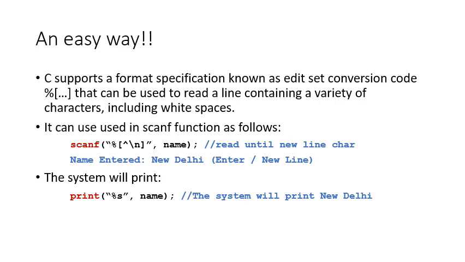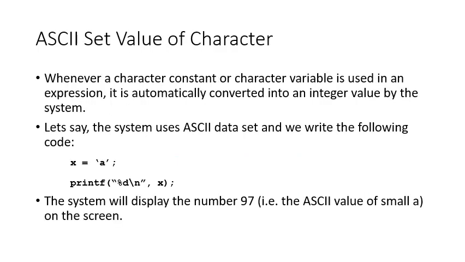The next thing is something called the ASCII set, the numeric value for a character. Whenever a character constant or a character variable is used in an expression, it is automatically converted into an integer value by the system.